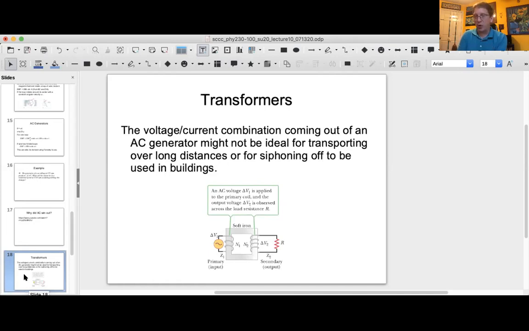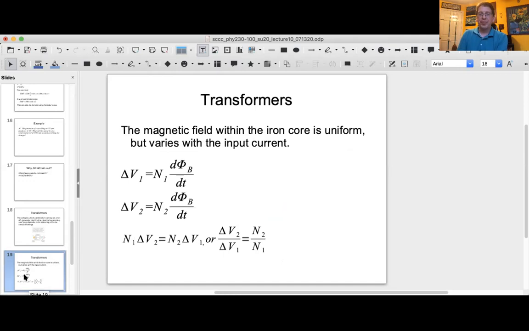But as it's varying sinusoidally, that means the magnetic field and the magnetic flux through the iron are also varying sinusoidally. And what that's going to do is induce a current in the output coil.